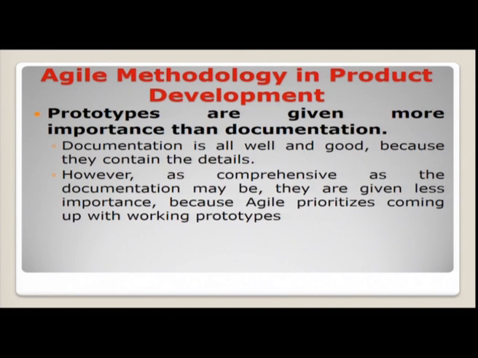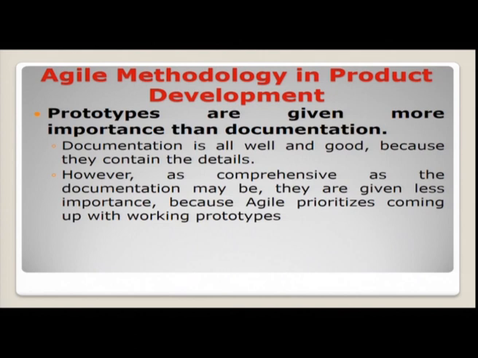Next is the prototypes. The prototypes are given more importance than creating rigid comprehensive documentation. Documentation is all well and good because it contains the details, but as far as agile project development is concerned, we do only the necessary documentation. We do not make the documentation part clumsy.